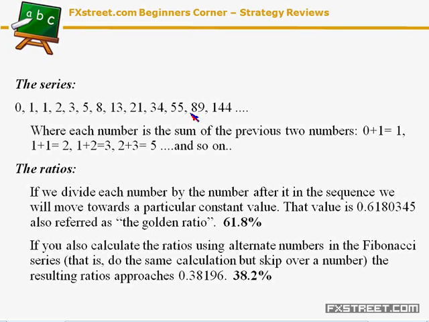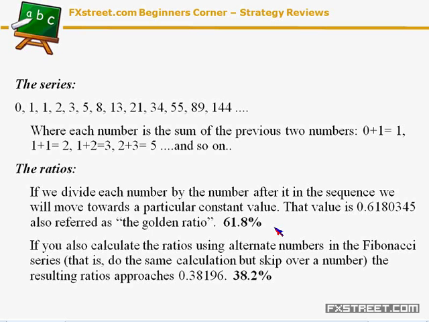That value is 0.6180345. The higher we go in the series, the more accurate the ratio of 61.8%. The fact is that 61.8% is also called the golden ratio.